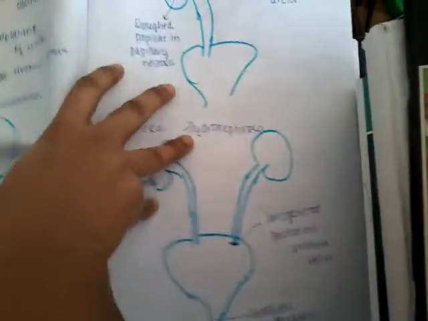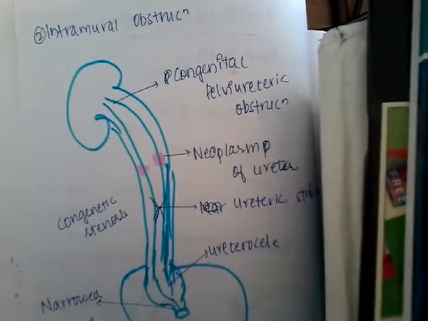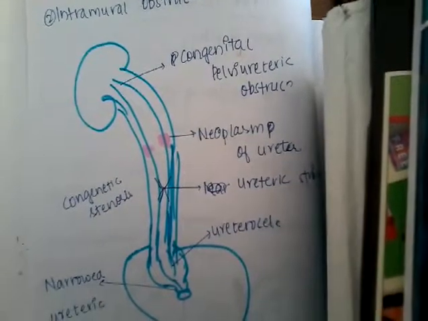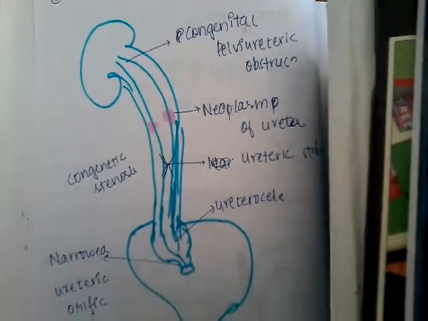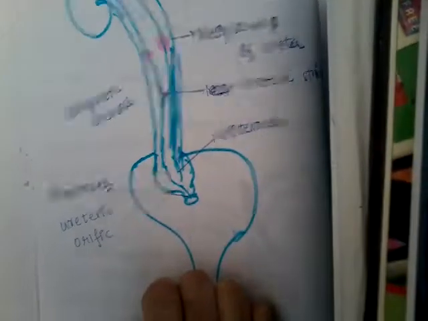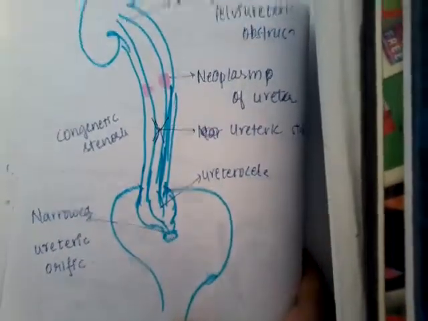If there is intramural obstruction, it can be congenital pelviureteric obstruction, or neoplasm of the ureter or ureteric stricture, or congenital stenosis or ureterocele because of a narrowed ureteric orifice.